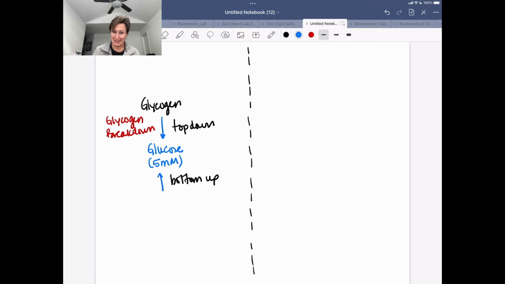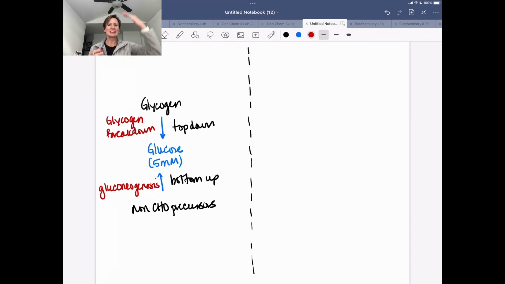And that's going to be taking non-carbohydrate precursors and converting them through a process called gluconeogenesis into glucose. That name literally means glucose from the beginning, glucose from scratch. So these are the two ways that we can think about remedying low blood sugar levels.